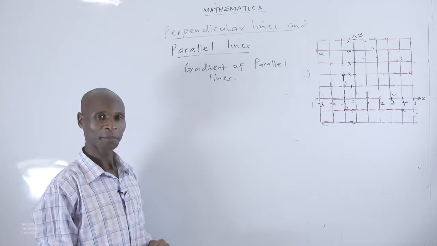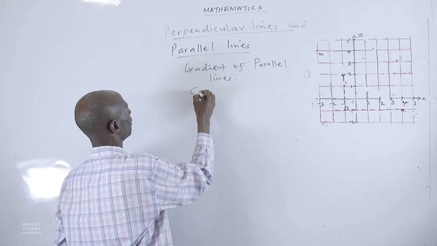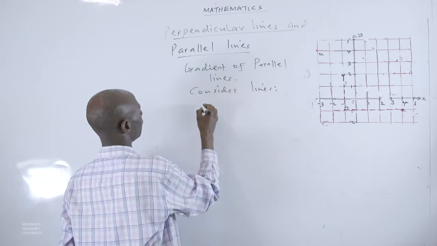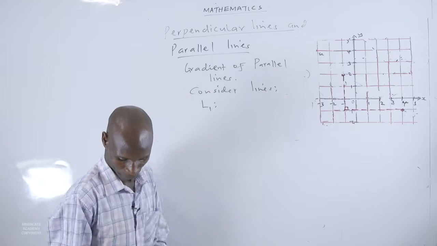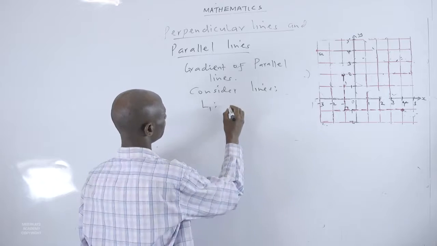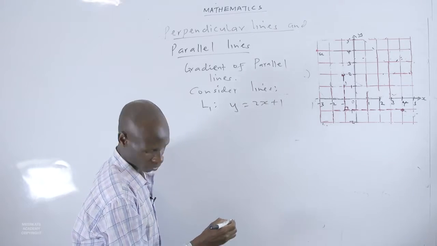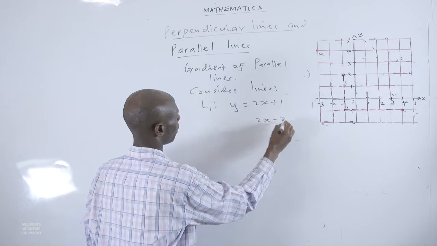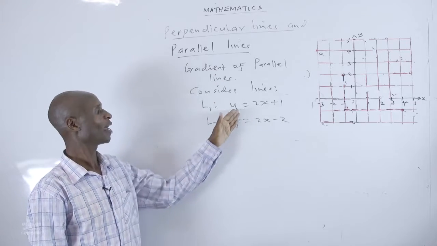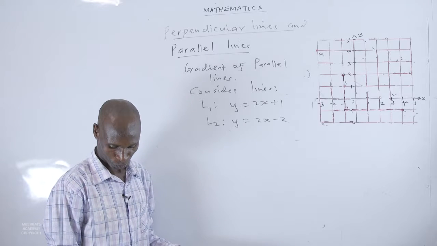We need to consider two equations of lines. So we consider two lines, y is equal to x plus 1, and another one, y is equal to x minus 2.